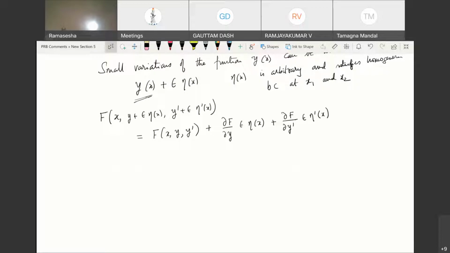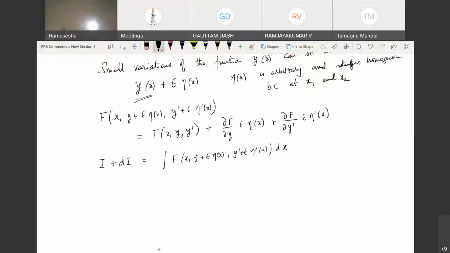Okay, so now if I do this, then I can say that I plus dI is equal to the integral of f of x, y plus epsilon eta, y prime plus epsilon eta prime, dx.